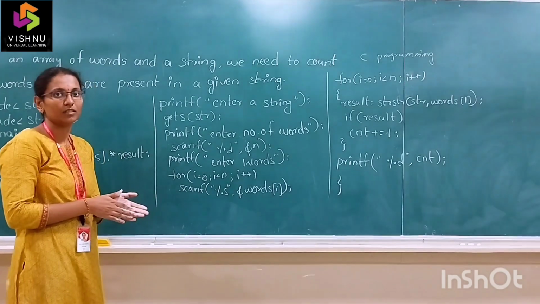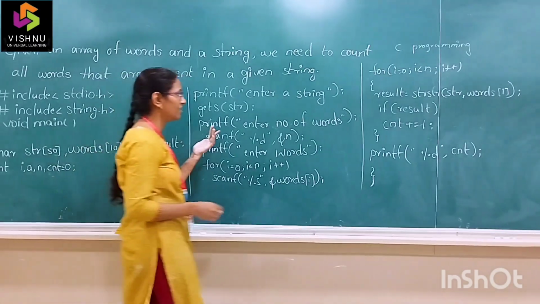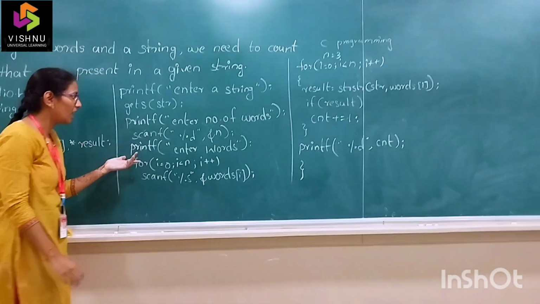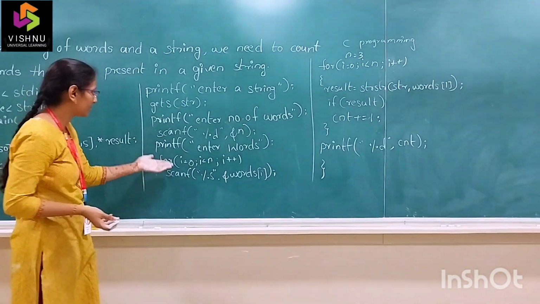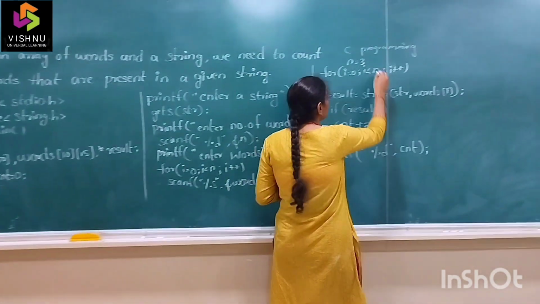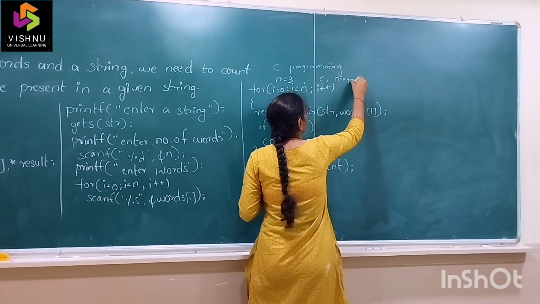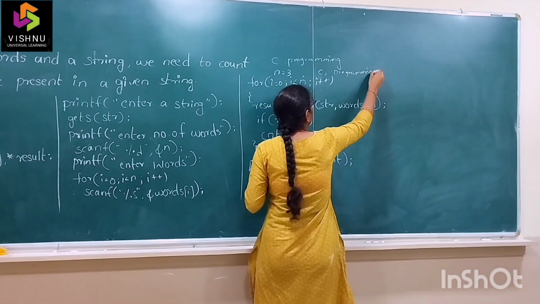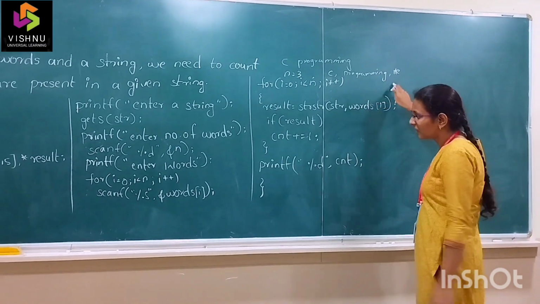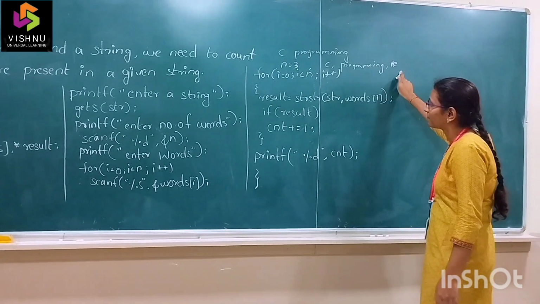How many words you want to check with the main string, and let's take n equals to 3. Next it asks to enter 3 words. I'm going to enter C, programming and me.